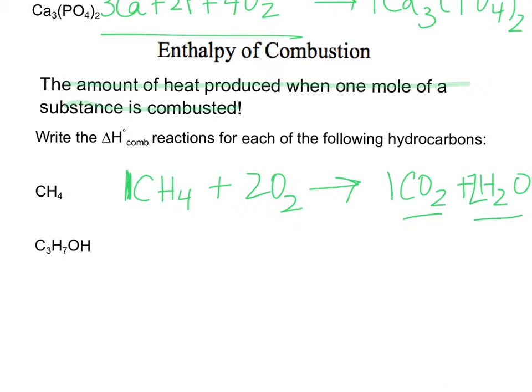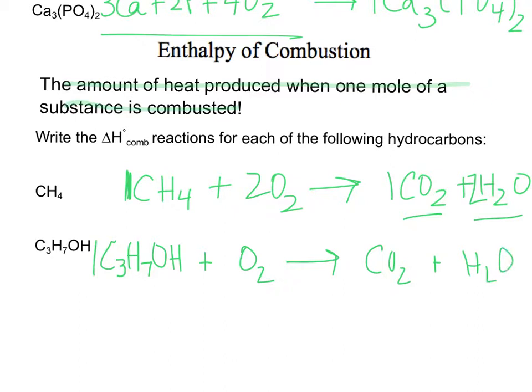And in this next problem, we're going to combust C3H7OH, better known as propanol. And again, we're combusting, so we need 1 mole of that combusted, which makes CO2 and H2O. So keeping that 1 in mind, 3 C's, 3 C's, 8 H's, 7 plus 1 is 8, so we need a 4 there.